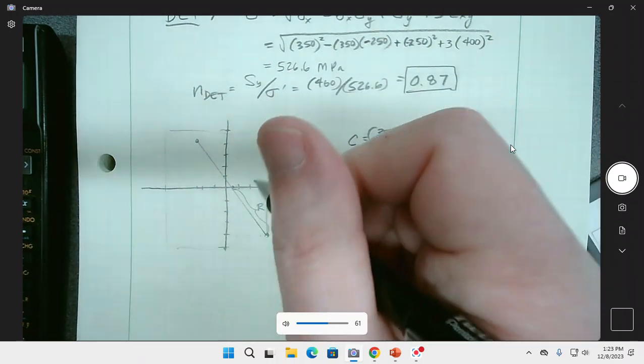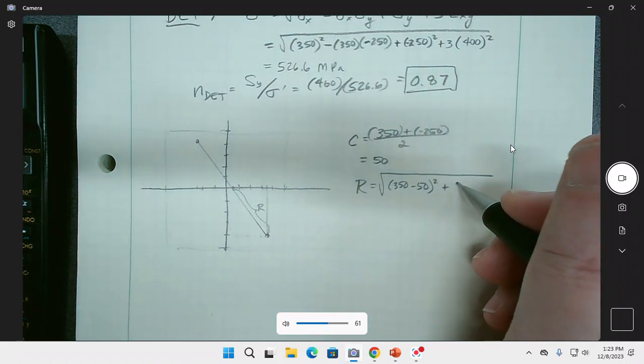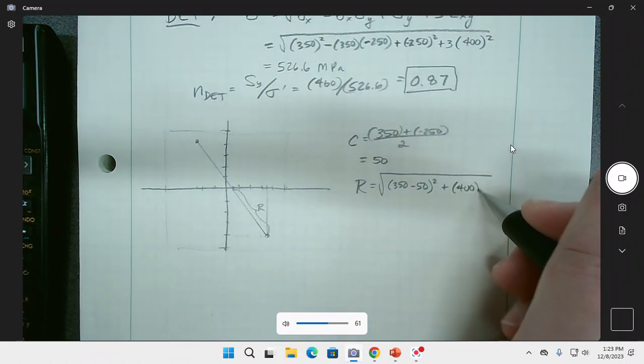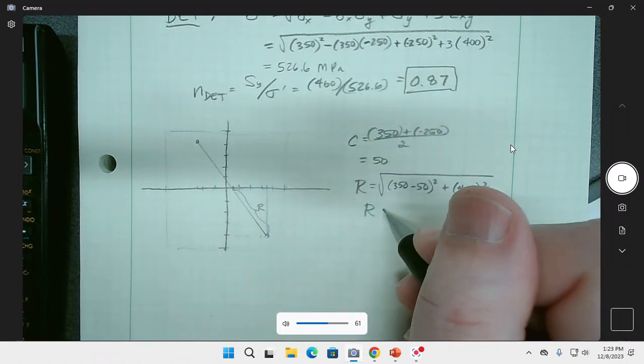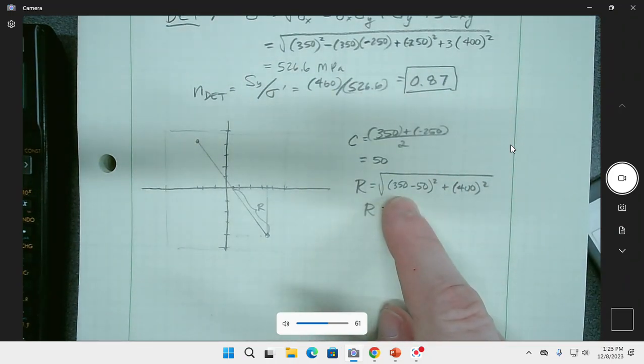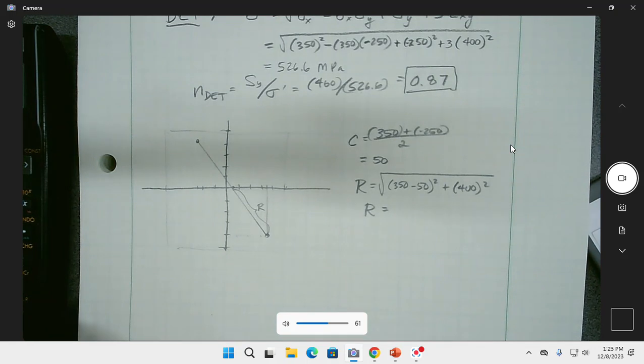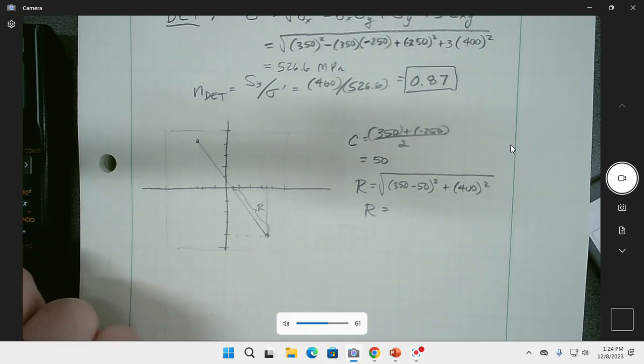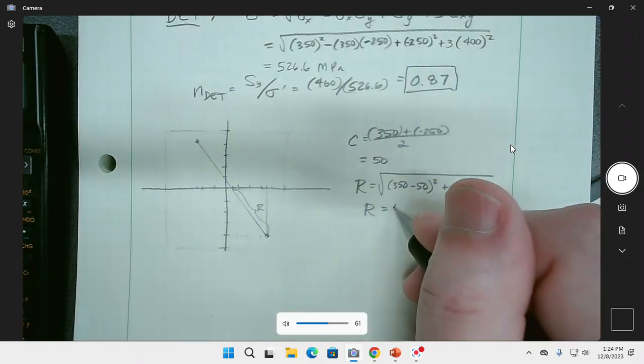And then we're just going to have the vertical leg of 400 squared. So R should be a 3, 4, 5 triangle, right? But watch me as I do it, just because trust issues, I'll tell you. Oh, once you look at that, 500.